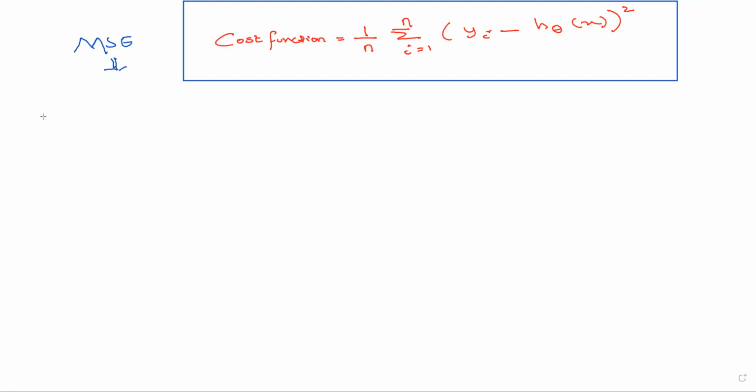MSE stands for mean squared error. So this is the mean square error, right?